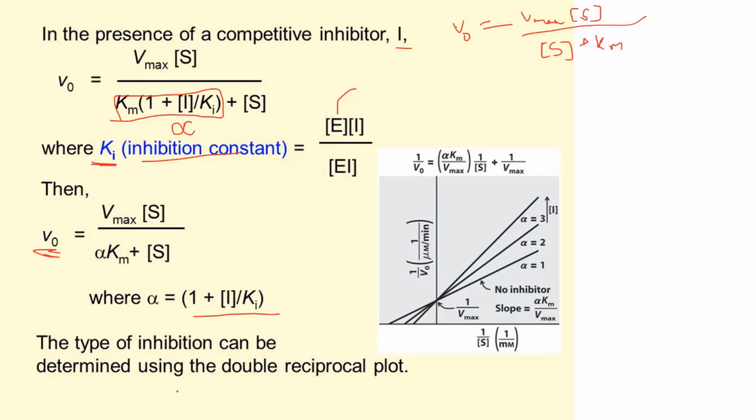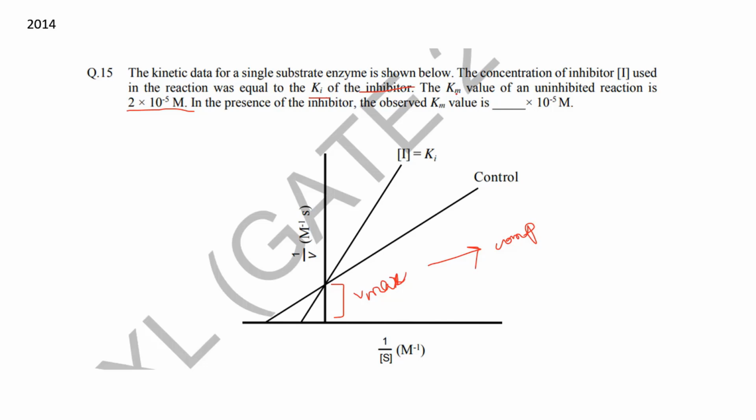This type of inhibition can be determined using the double reciprocal plot. So what we have to find out here is, the Km of an uninhibited reaction is given. In the presence of an inhibitor, the observed Km value we have to find out. That is Km in the presence of an inhibitor, Km I, which will be alpha into Km.